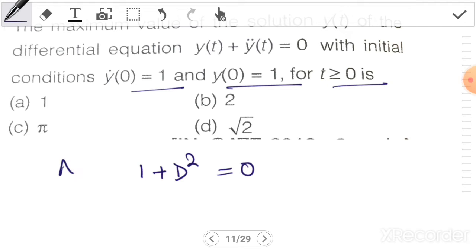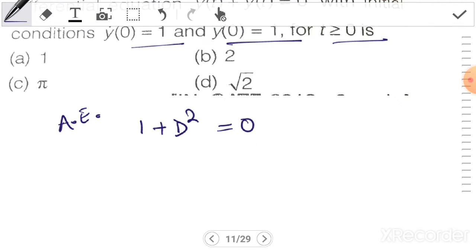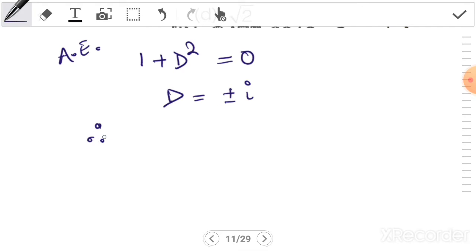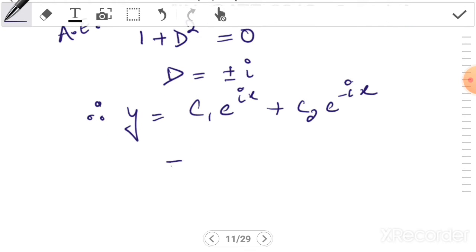So this is the auxiliary equation. Solving, we have D is equal to plus or minus i. Now y will be equal to c1 e power plus ix plus c2 e power minus ix. Then this will be equal to a times cos x plus b times sin x.